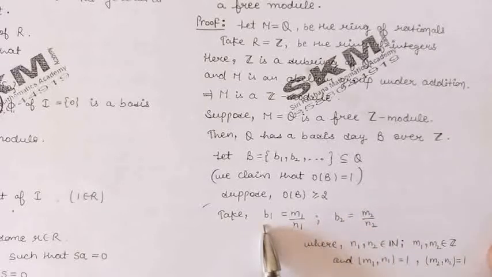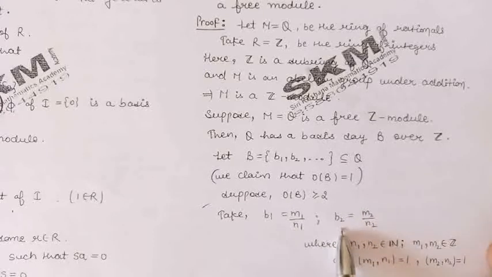b1 is of the form m1 by n1. Here m1 is an integer, n1 is a natural number, and these are relatively prime. And also let us take b2 as m2 upon n2. m2 is an integer, n2 is a natural number, and these two are coprime.